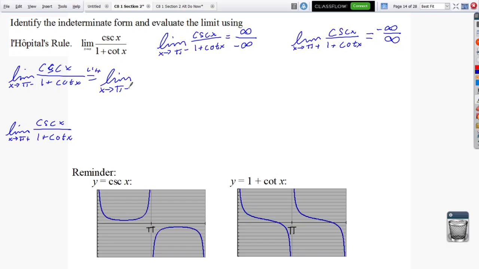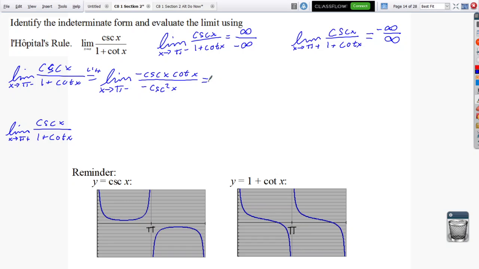The derivative of cosecant, if I remember correctly, would be negative cosecant x cotangent x, over the derivative of 1, which goes bye-bye. The derivative of cotangent is negative cosecant squared x. And again, I just pulled those right off of the rule sheet from earlier this year.